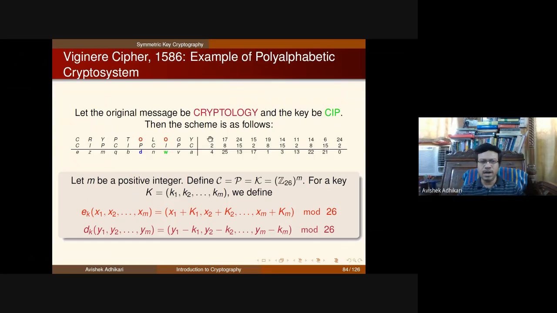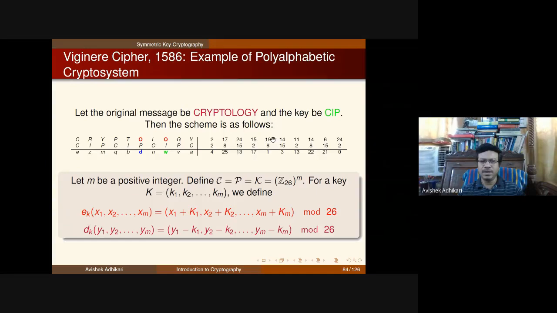Now I just do addition modulo 26. So 2 plus 2 is 4. Here the sum is 39, which is more than 26, and 39 modulo 26 is 13.